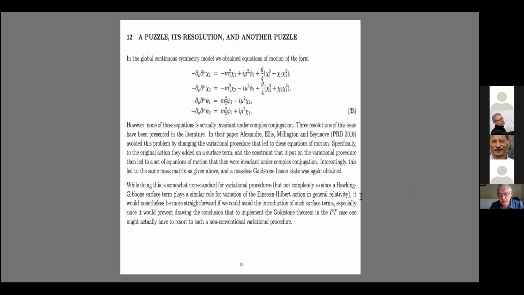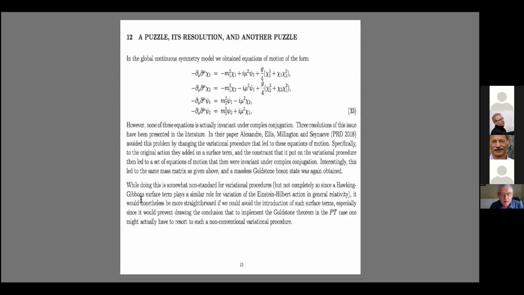In other words, the content of the Gibbons-Hawking paper is that Hilbert got it wrong. The variation of the Einstein-Hilbert action does not give the Einstein equations because you have this extra variation at the surface. So you can do it, and it's not totally canonical, but it's certainly allowed.